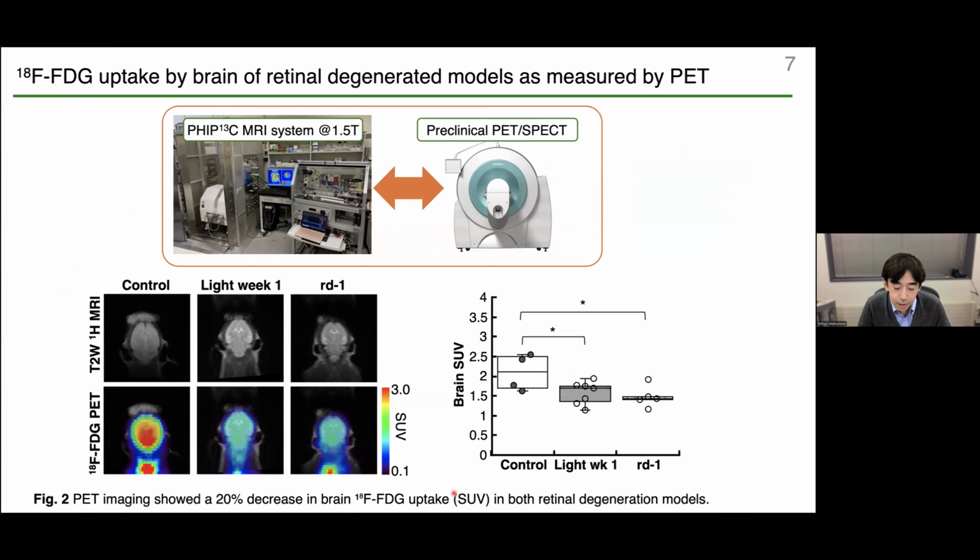The mean standardized uptake value of FDG was about 20% lower in the brain of both light-exposed and RD1 mice compared with healthy control mice. So brain glucose consumption rate, which reflects overall brain neuronal activity, might be decreased in association with vision impairment.